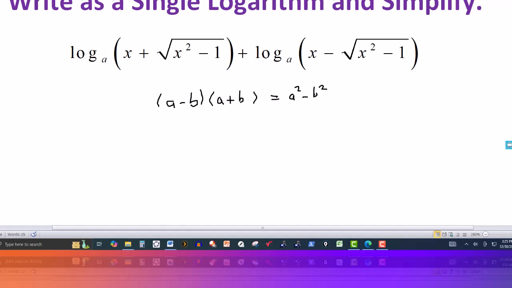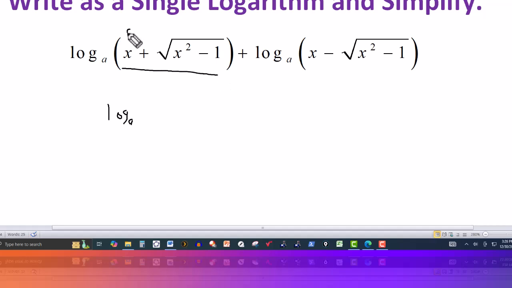So in this case, we want to express this as a single log. We have a sum right here. Based on the properties we looked at, if you have the sum of two logs, that can be written as the log of the product. So think of this as your a here and this as your b here, this will be your a here, this will be your minus b.